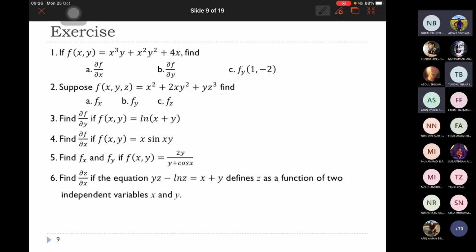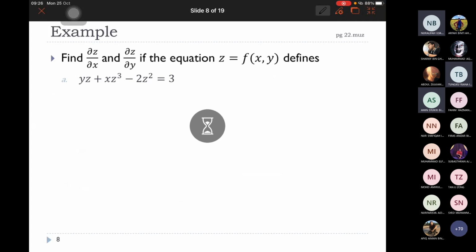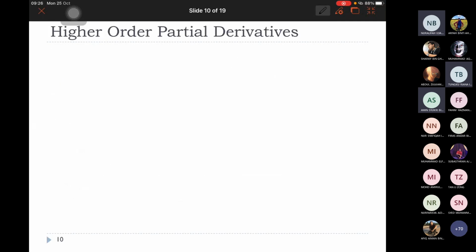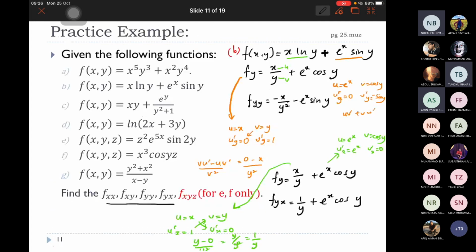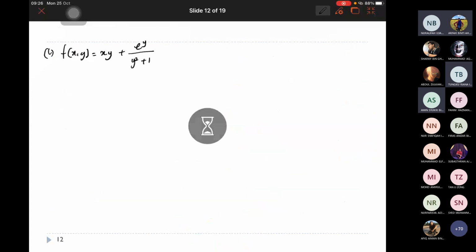Okay. Xy exponential y squared. Okay, so kita nak dapatkan partial derivative with respect to x and y.